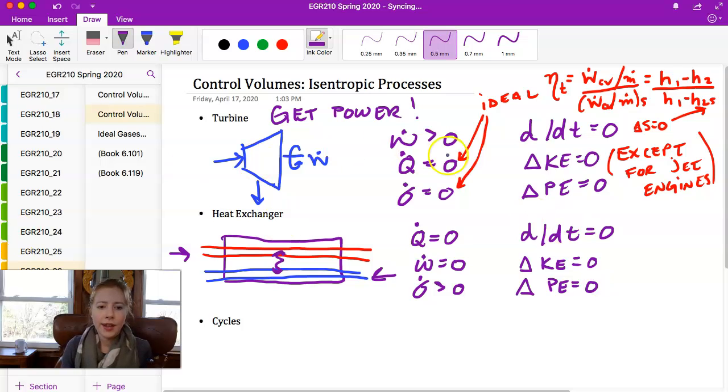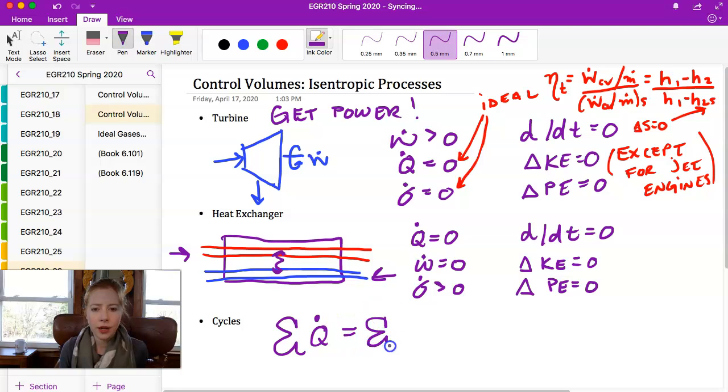All right, and then lastly, for cycles in general, the sum of heat transfer, the rate of heat transfer, is equal to the sum of energy transfer or power. Okay, so those equal in cycles.